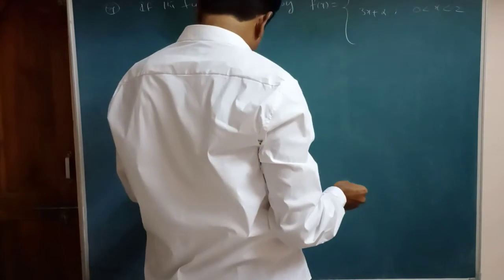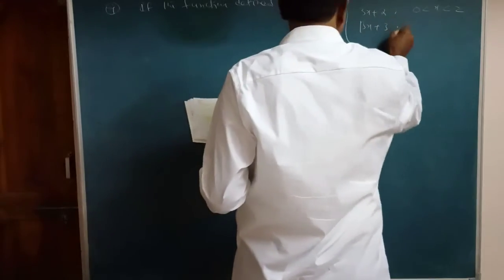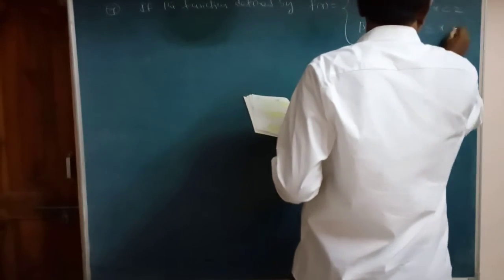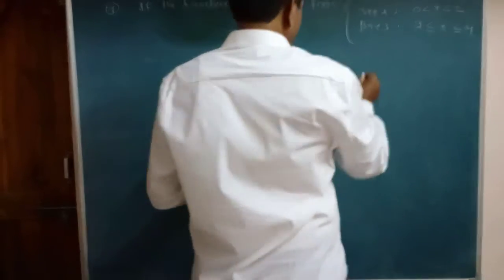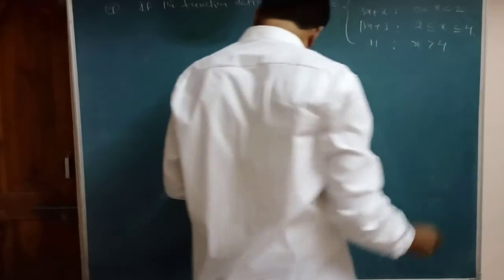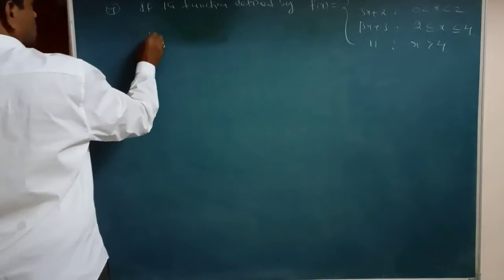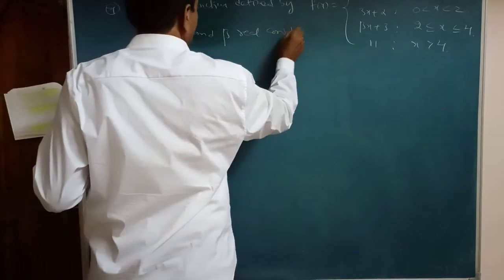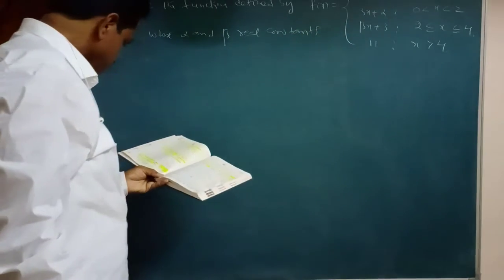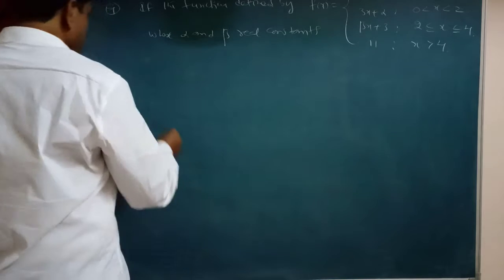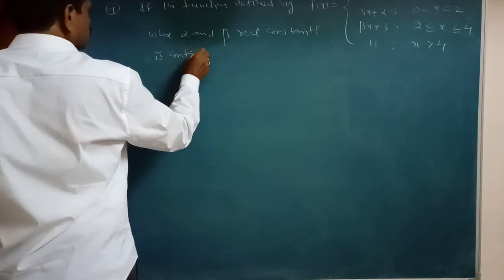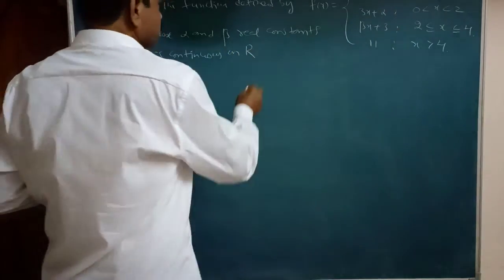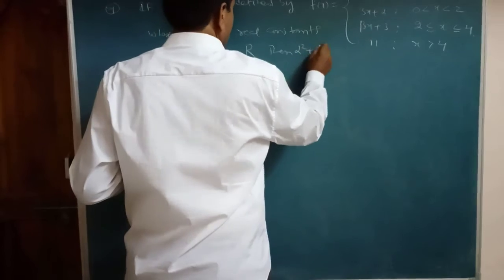Next beta x plus 3, it is 2 less than or equal to x less than or equal to 4, and 11x greater than 4, where alpha and beta are real constants, is continuous on R. Then alpha square plus beta square is that.